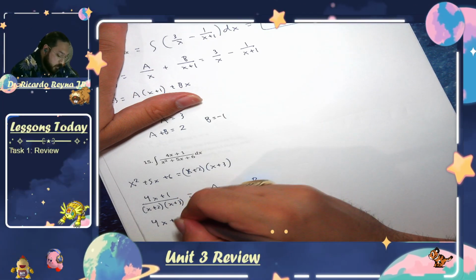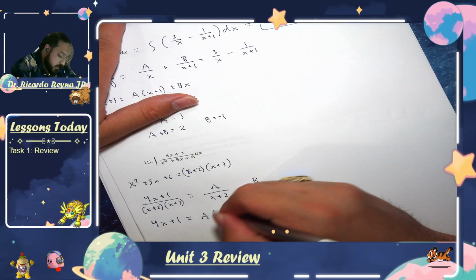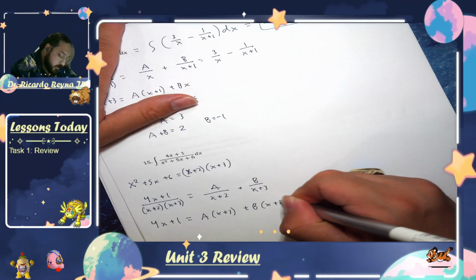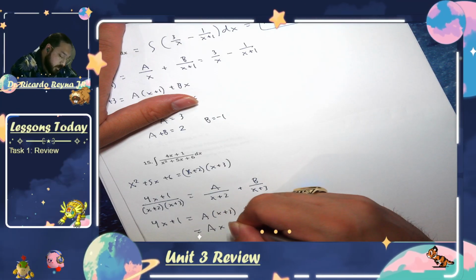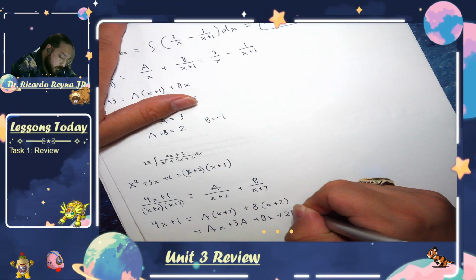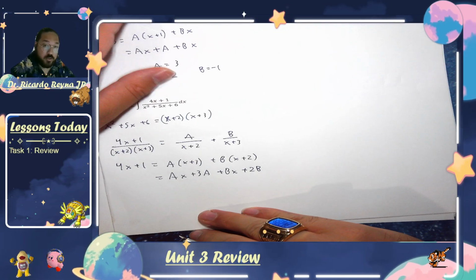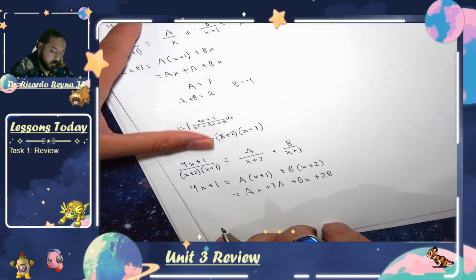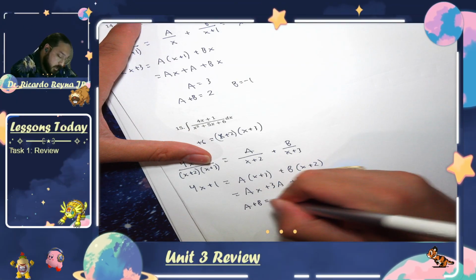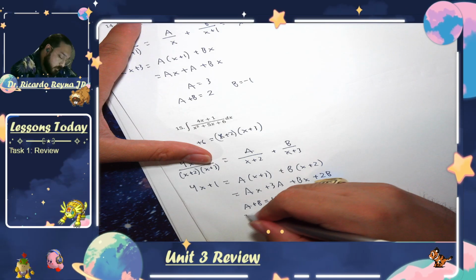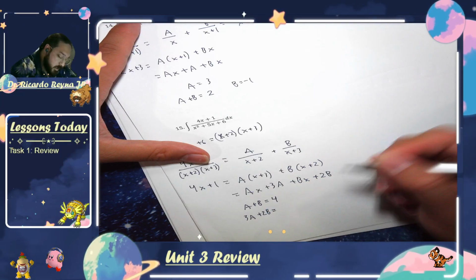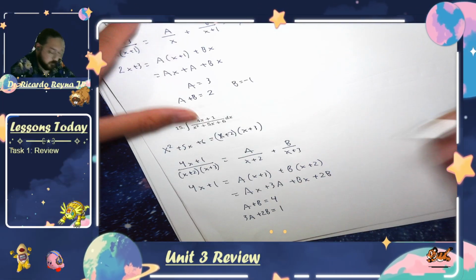And 4x plus 1 is a times (x plus 3) plus b times (x plus 2). Distribute those. And after distributing those, you can set up what they need to equal. So a plus b needs to equal 4, and then 3a plus 2b needs to equal 1.